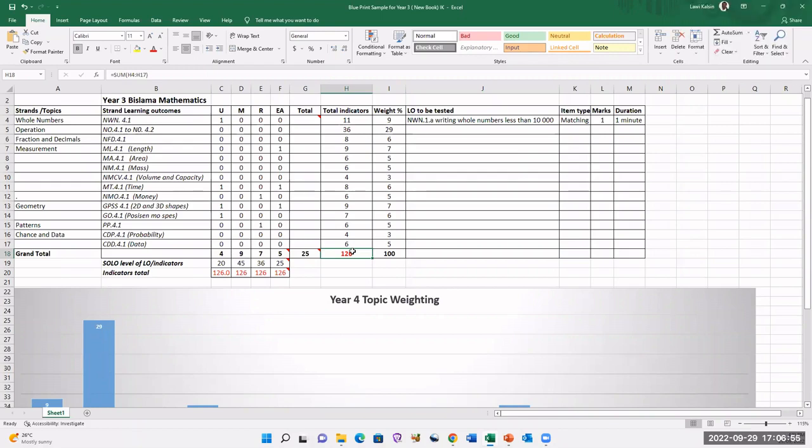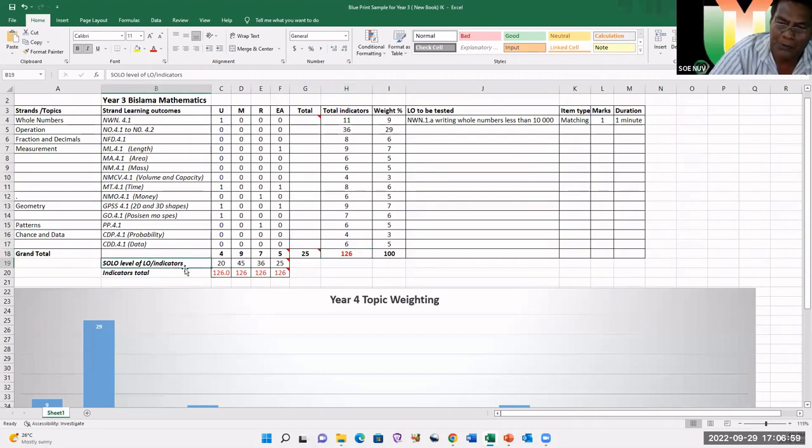So that's why we go down here, if I look at the Excel sheet here, the level of learning outcomes or indicators. Suppose you complete a book, you can make a lesson plan, and that is called the learning outcome.